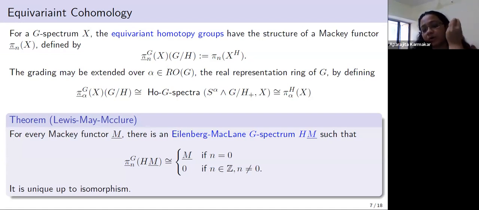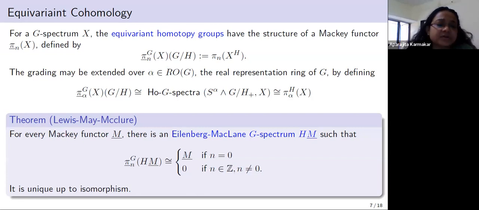What is the value at G mod H? It's the morphisms in the homotopy G spectra category between S alpha smash G mod H plus and X, which turns out to be isomorphic to pi H alpha of X.